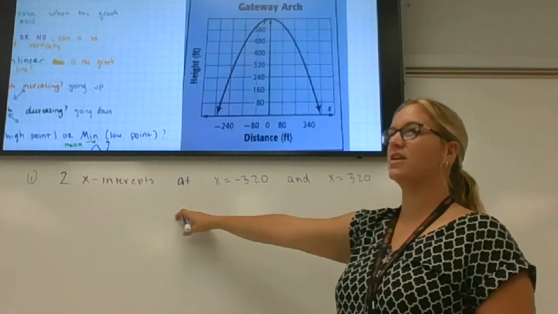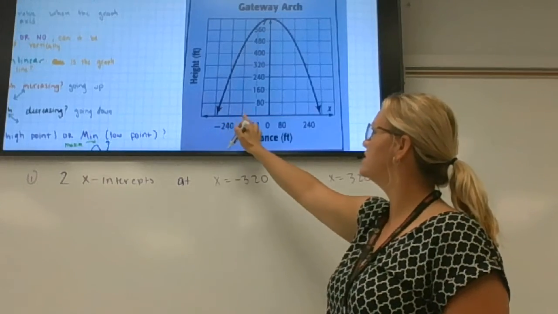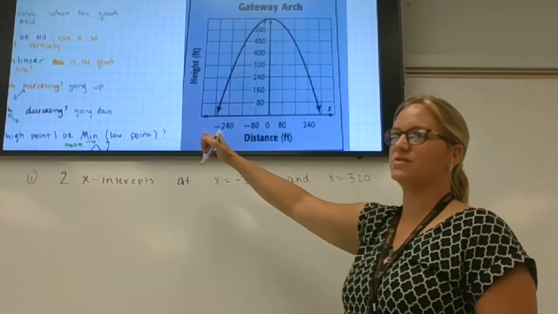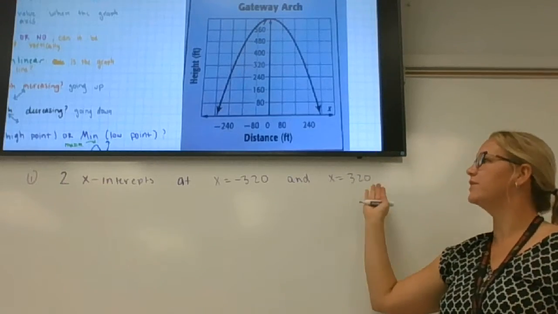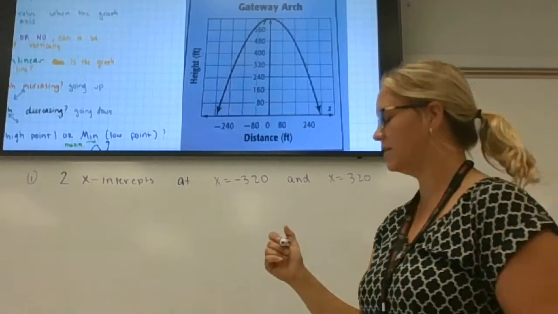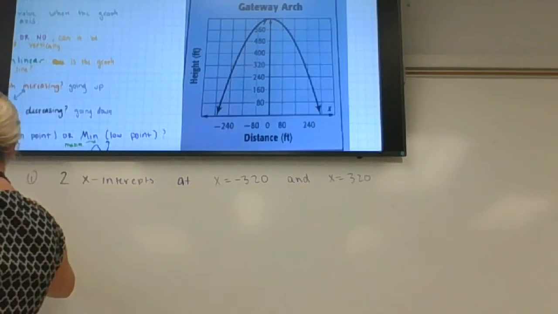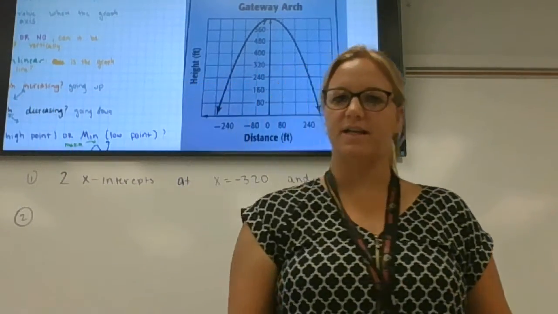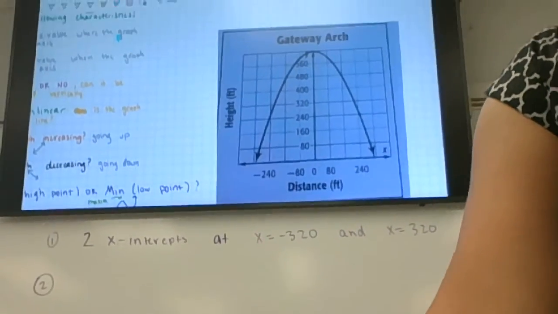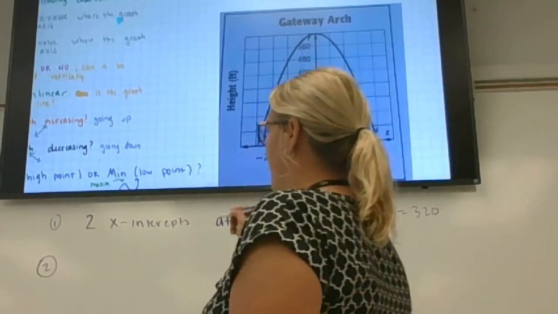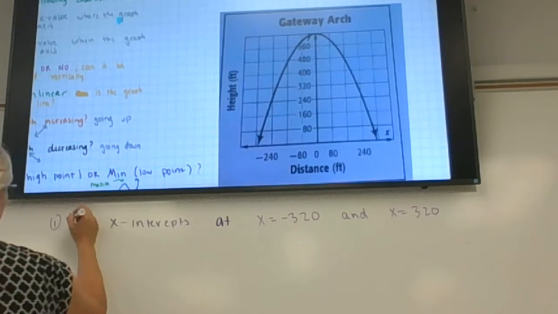So it's going by 8s, right? So it's 8, 16, 24, 32. That's how Logan came up with that. Great job. Number 2, what's the second characteristic we're supposed to be able to describe? Y-intercept. So this graph only has one Y-intercept.